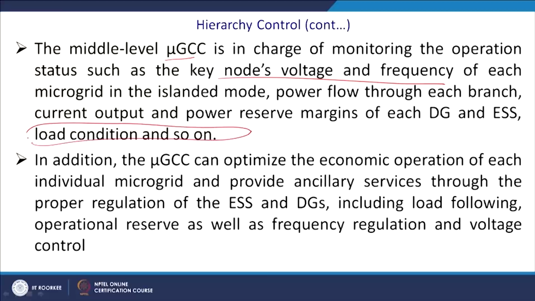This has been done by the middle level. In addition, this kind of microgrid can optimize the economic operation of each individual microgrid and provide ancillary service through the proper regulation of the ESS and DGs, including the load following, operational reserve, as well as the frequency regulation and the voltage control.